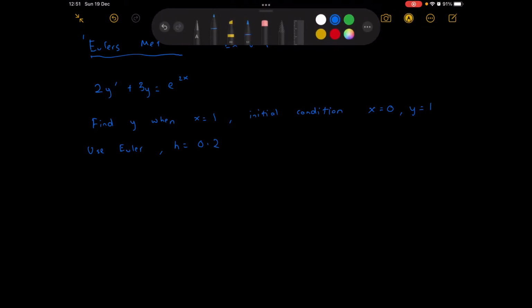From this information, straight away we can know how many iterations we need to do, because we start with x equals 0. If I plot, for example, this is x. We start from 0 and we want to finish at 1, and we know that the step size is 0.2. So this would be 0.2, 0.4, 0.6, 0.8.